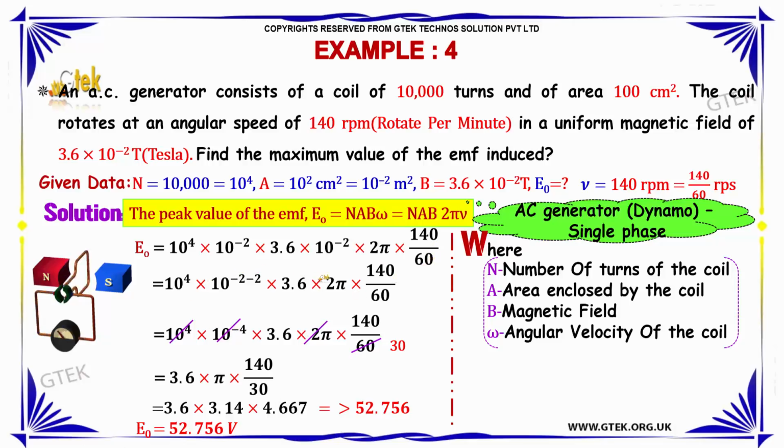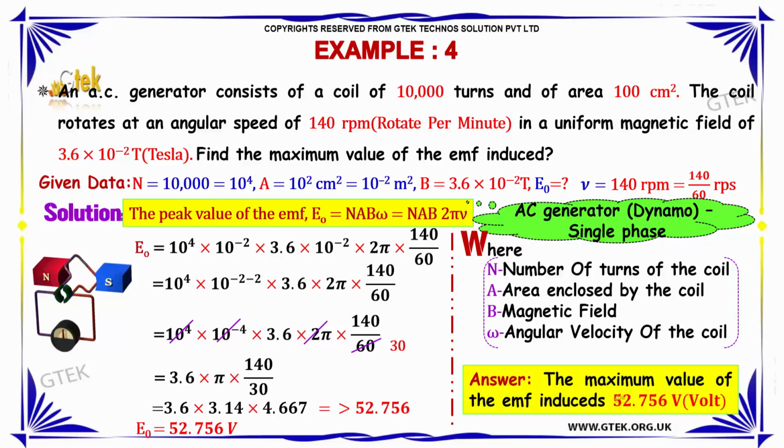Solving this equation, you'll get 3.6 into pi into 140 divided by 30. Pi can be taken as 3.14. You get the answer as 52.756. So E naught is equal to 52.756 volt. That's the EMF induced. So the maximum value of the EMF induced is 52.756 volt.